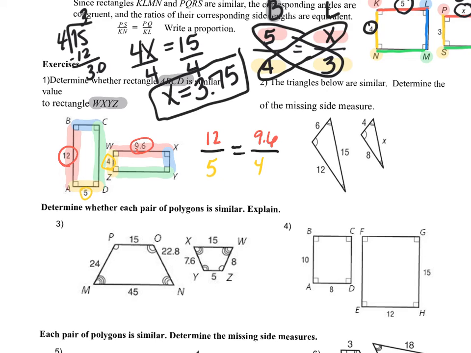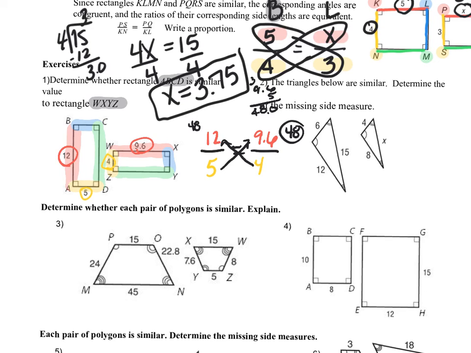So how do I decide if they're proportional? If I cross multiply them and they're equal, then they are proportional. Does that make sense? So if I multiply 5 times 9.6, I got 48. Butterfly, or whatever, 12 times 4 is what? 48.